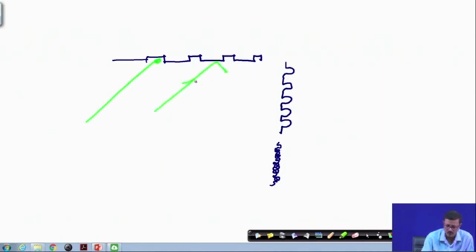There may be a reflection, but because of the dimension of this particular recess, it will be entrapped.